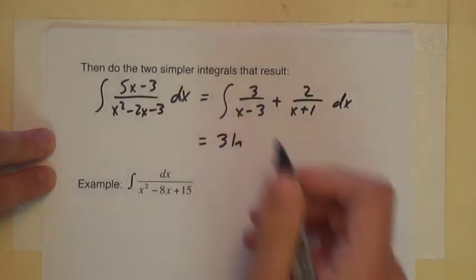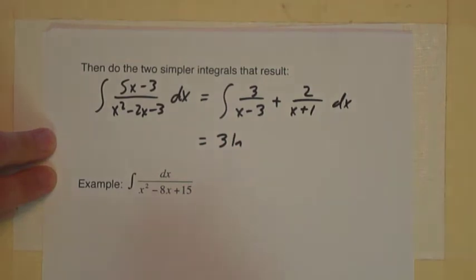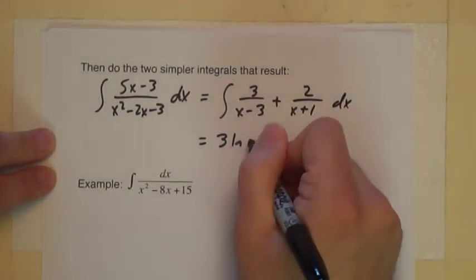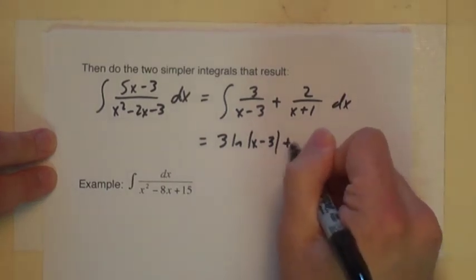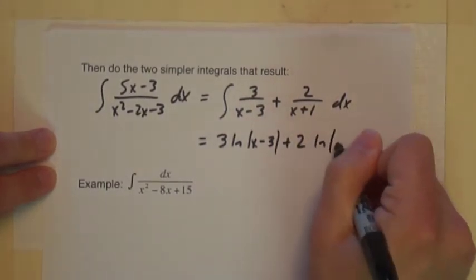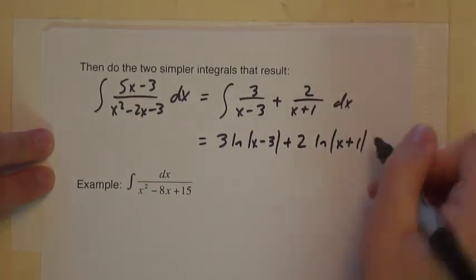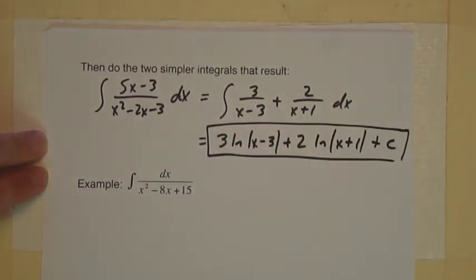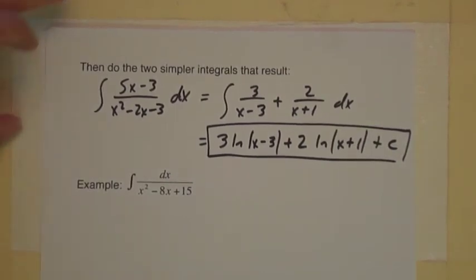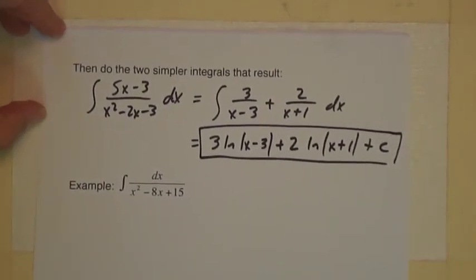This one, for example, the first expression, the antiderivative is 3 natural log absolute value x minus 3, and the other one is 2 natural log absolute value x plus 1. You throw on a plus c, and you're done. And that is partial fractions in a nutshell.